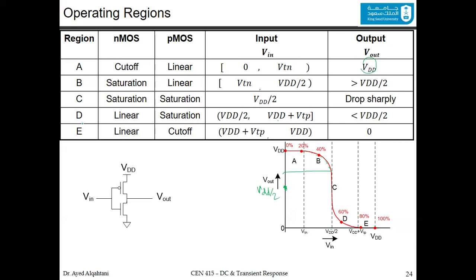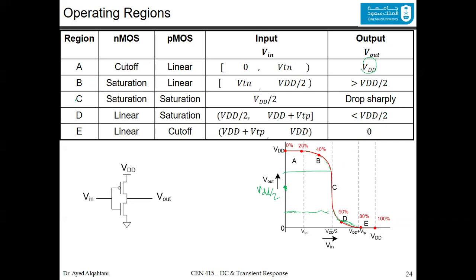Now for regions D and E, in region D, the output is less than VDD divided by 2, which we consider closer to 0. And if you have it in region E, then the output is exactly 0.